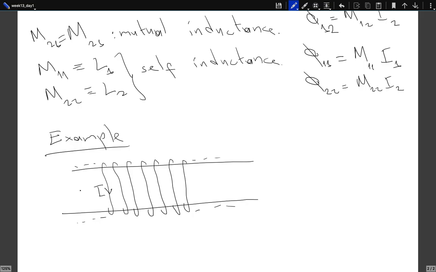And let's assume we send a current through the solenoid. What will be the direction of the magnetic field created by this current?